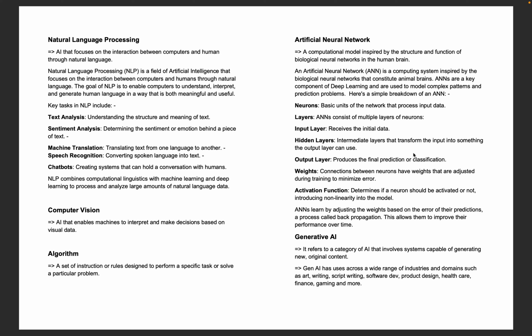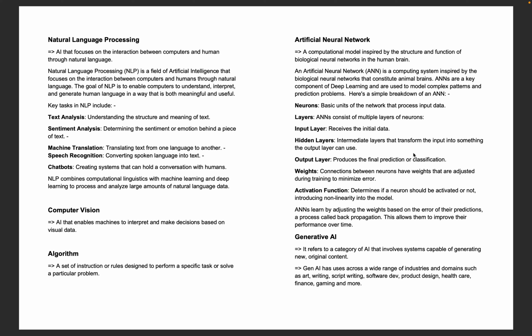Now moving to computer vision. Computer vision enables machines to interpret and make decisions based on visual data. An algorithm is step by step instructions written to solve a specific task or problem. So this is an algorithm.